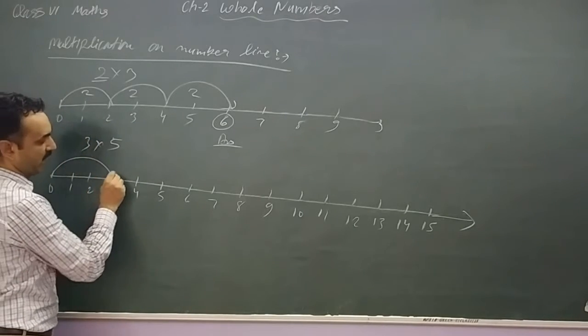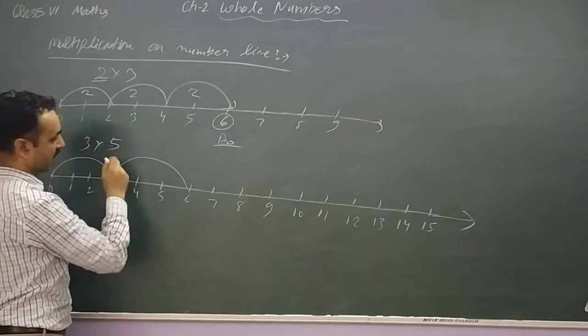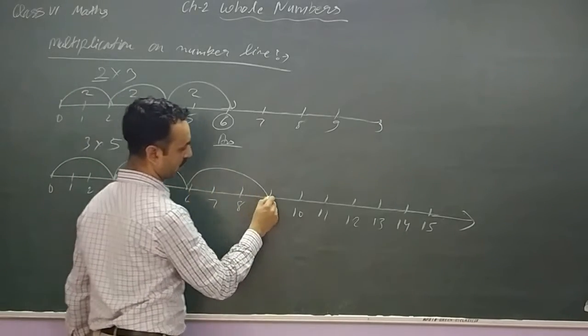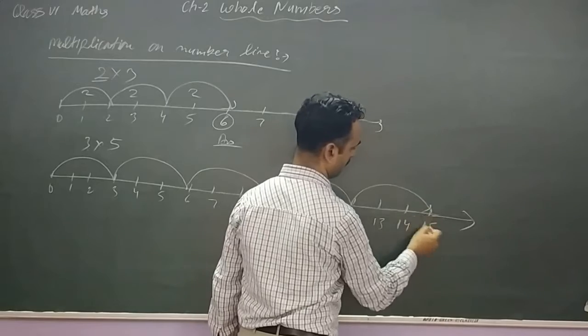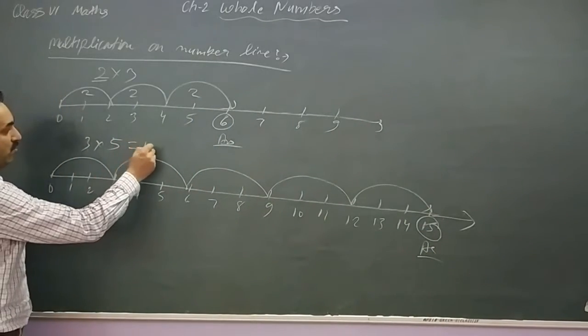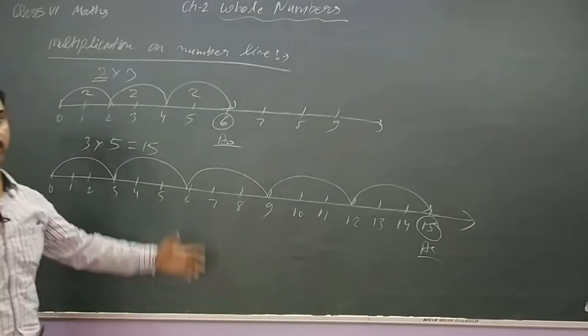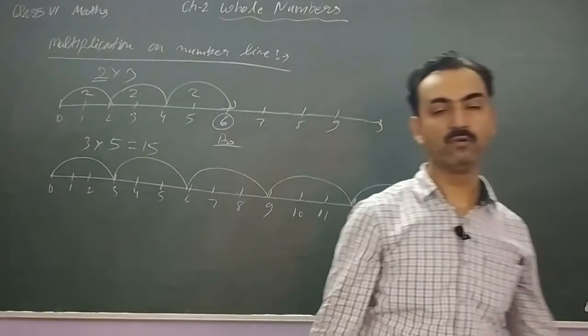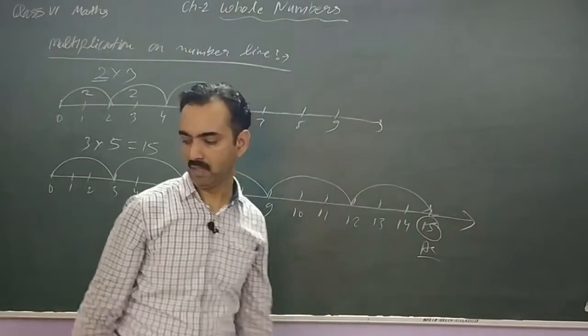So of 3 we will take 5 jumps: 1, 2, 3, 4, 5. So the answer is 15. So 3 into 5 is 15. In this manner we do multiplication of two whole numbers on the number line.